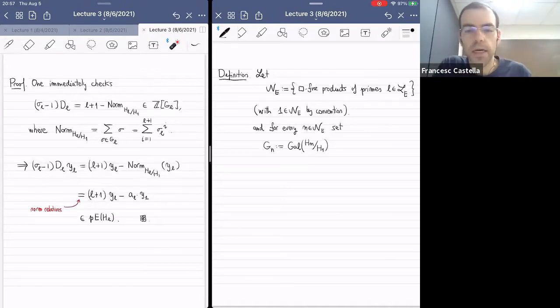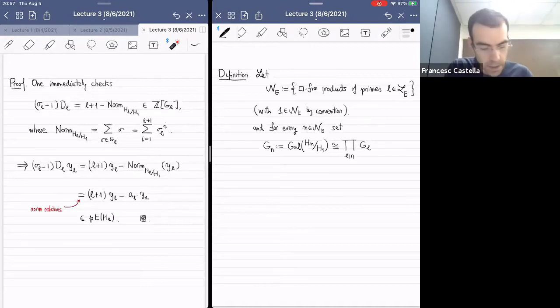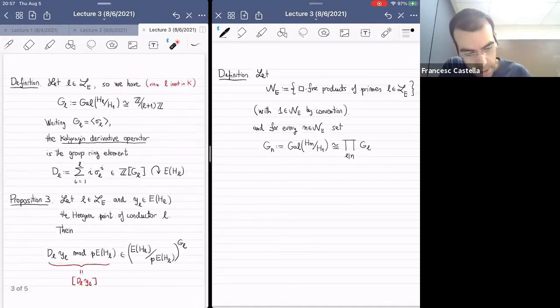Because we're taking square-free products, this Galois group will actually decompose into the product of the GLs for the different primes that divide n. So this will be the direct product of the GLs over all the primes dividing n, where GL is as before.